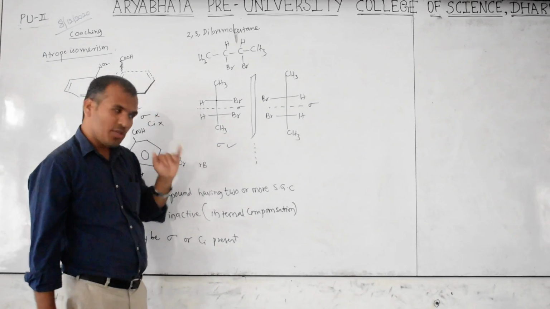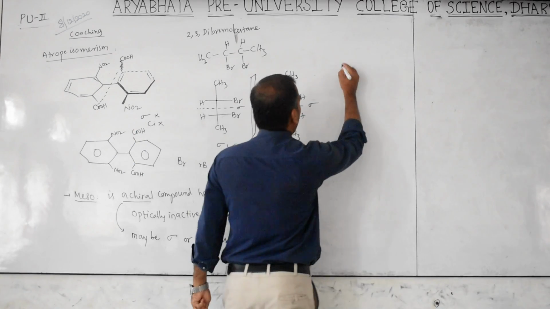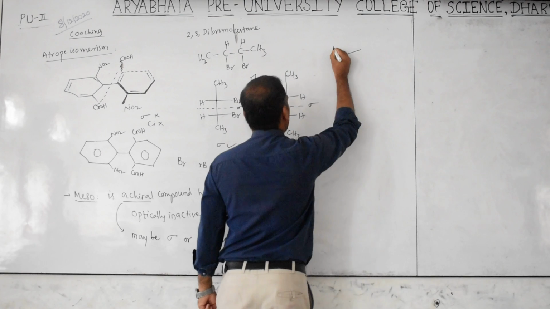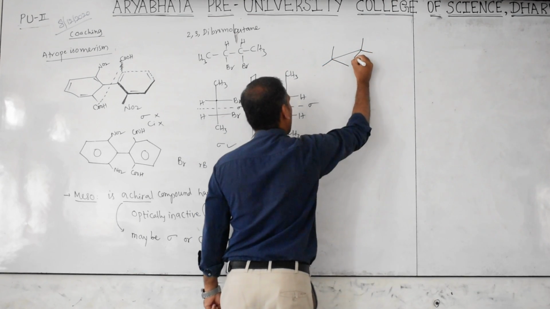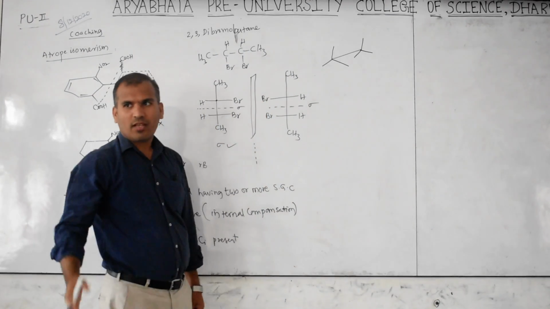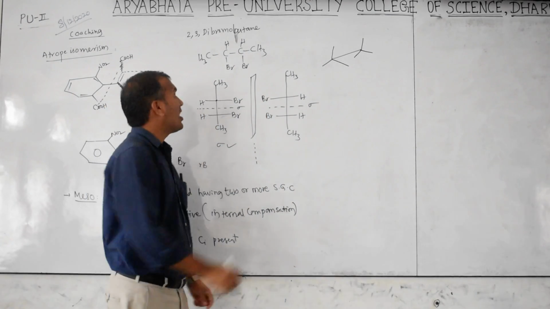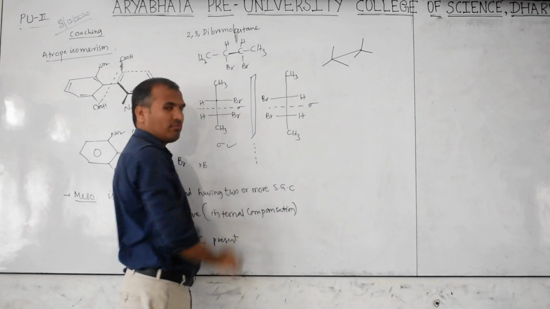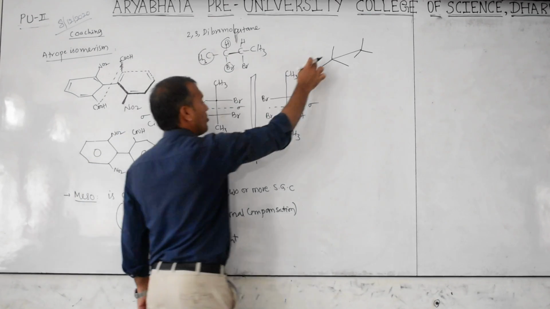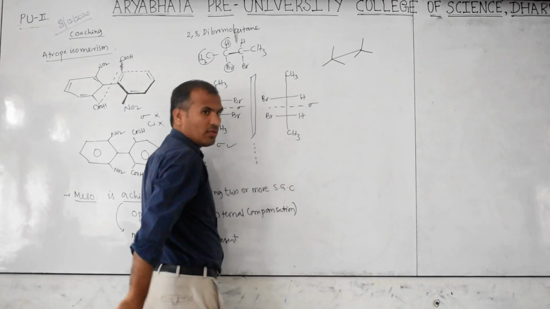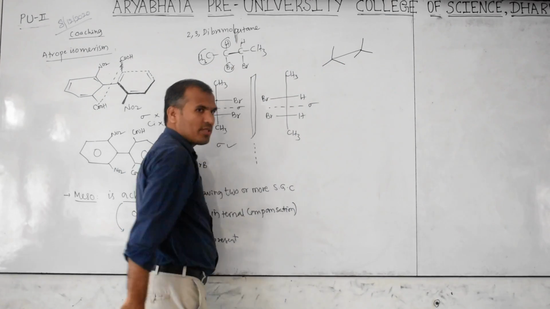No. But it shows if you take the Sawhorse projection, which you already studied. An inclined line between the carbons. This is a carbon line. One group, second group, third group: 1, 2, 3 groups. Here also 1, 2, 3 groups are present.